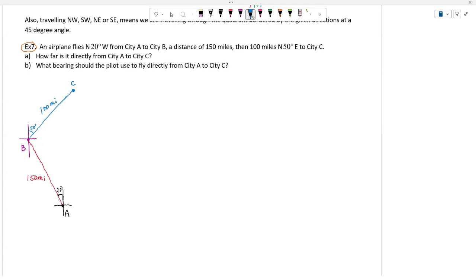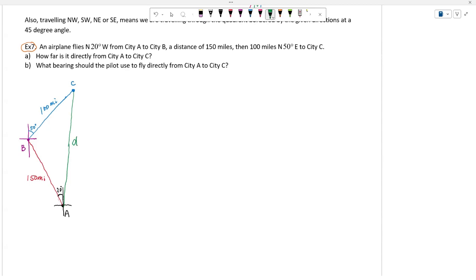Now, let's see what they ask you to do. I would like to know how far it is directly from city A to city C. So in this case, we are looking for the distance between city A and city C. So we would like to find this distance right here.